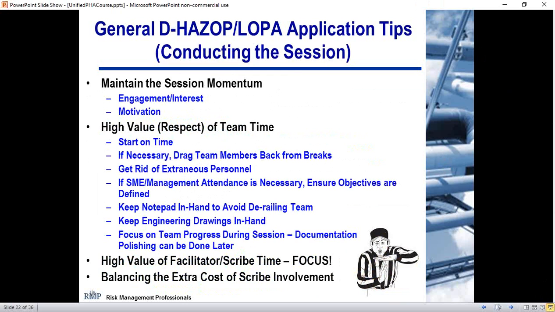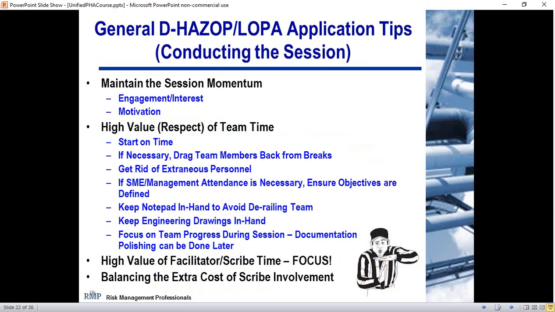It's especially true during the design effort. Start on time. If somebody's late, that's their bad. They can walk away with action items. If they're really essential, then you call their manager and get a substitute in the room. If necessary, do not hesitate at the end of the 5 or 10 minute break to go out, find the people, drag them back to the conference room.